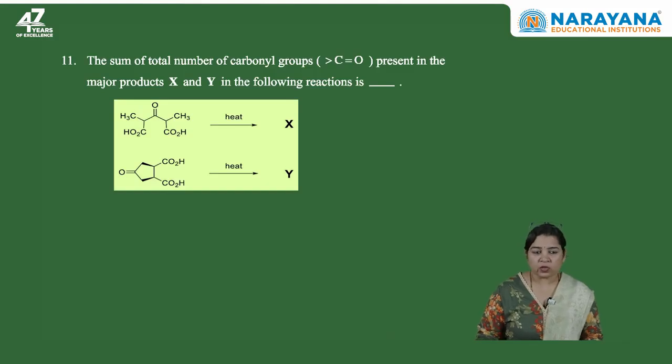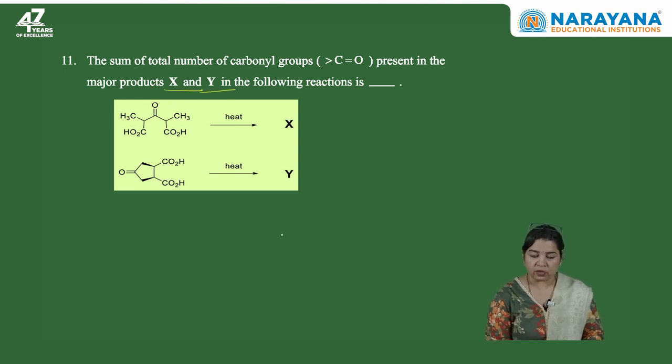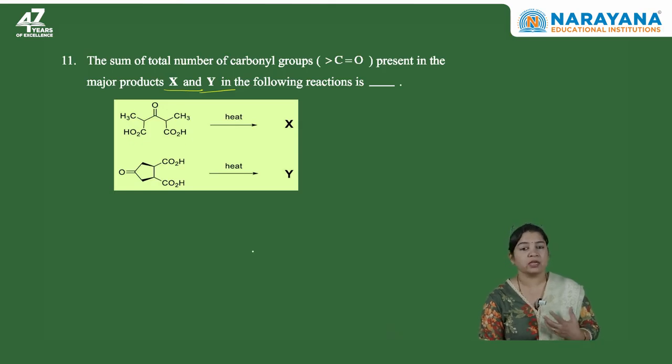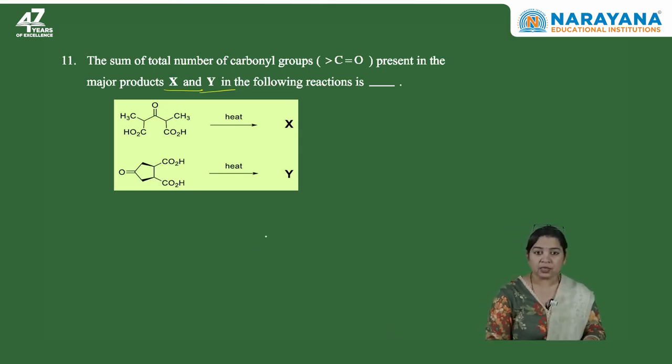So the next question: the sum of the total number of carbonyl groups present in the major products X and Y in the following reaction is. Now, with carbonyl, a lot of people are confused about whether we should take carbonyl to be only aldehyde and ketone, but NCERT has clearly mentioned that a carbonyl group is a C double bond O group. When it is connected to H, then it is an aldehyde.